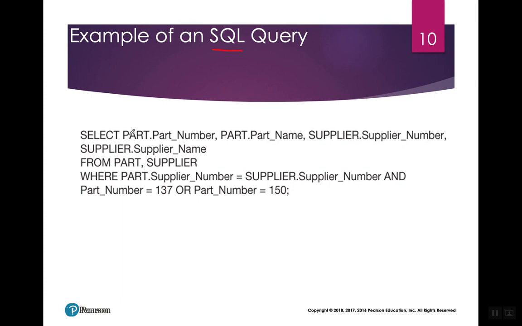We want to select, and I have a join from part and supplier. Now I want to retrieve these fields where the supplier number equals the supplier number, which is the common field, and the part equals 137 or the part equals 150.